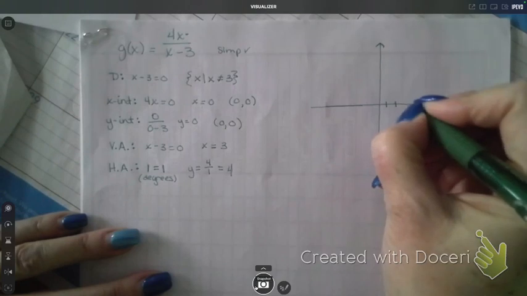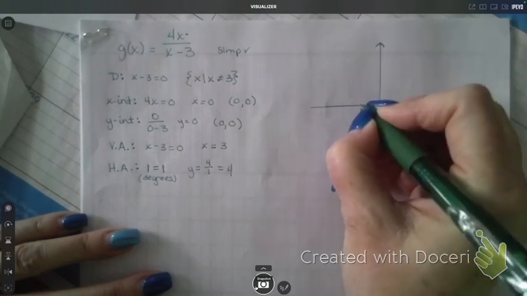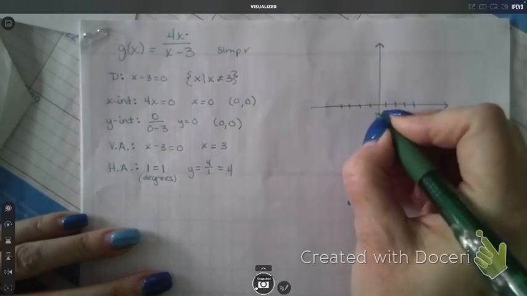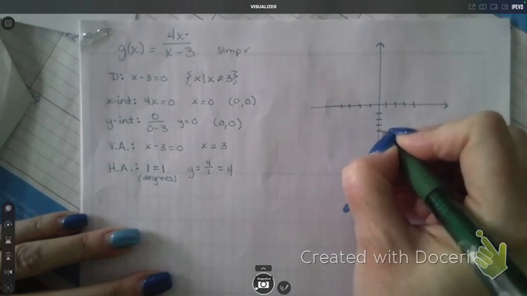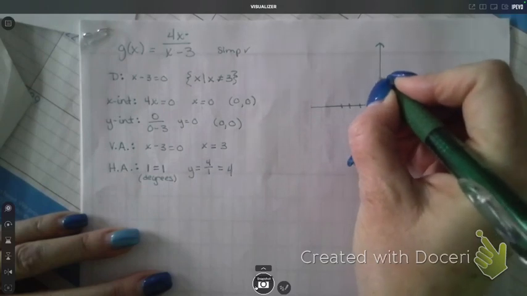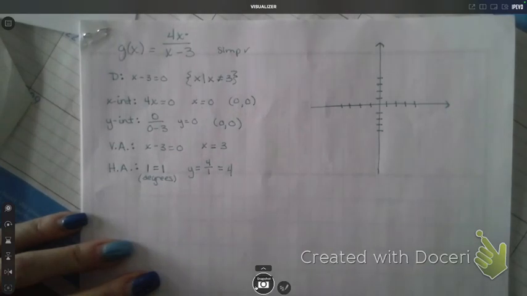Try to make your tick marks reasonably spaced out the same. They don't have to be exact, but it does help to have them close. You can use tick marks unless you're skipping to like 30 and then just write 30. Does that make sense? Okay. So I'm going to put some colors on here.